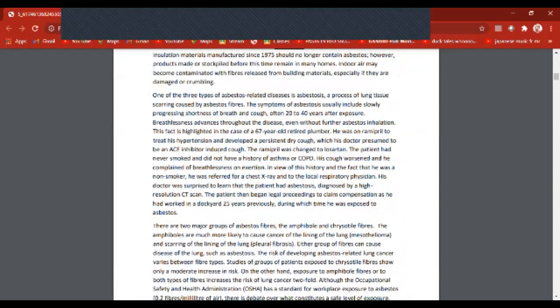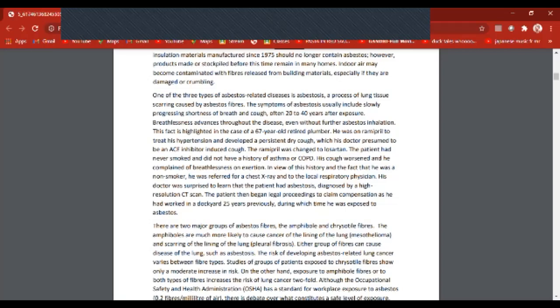The patient had never smoked and did not have a history of asthma or COPD. His cough worsened and he complained of breathlessness on exertion. In view of this history and the fact that he was a non-smoker, he was referred for chest X-ray and to the local respiratory physician.